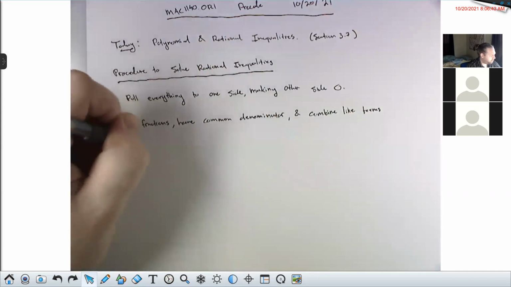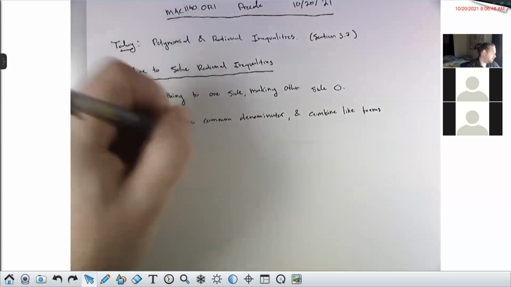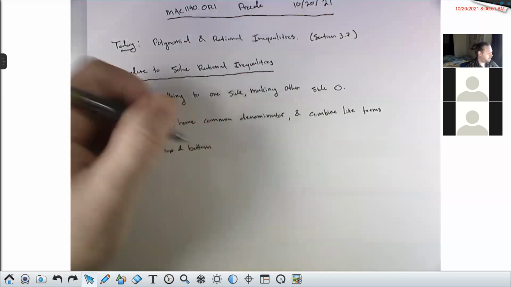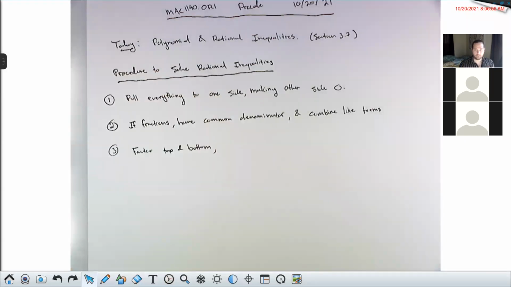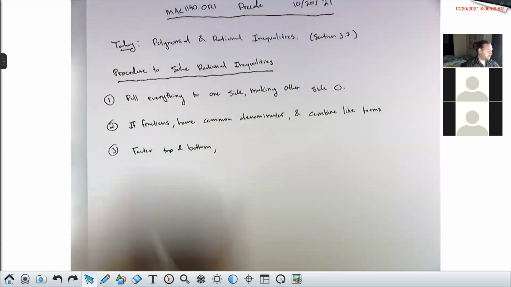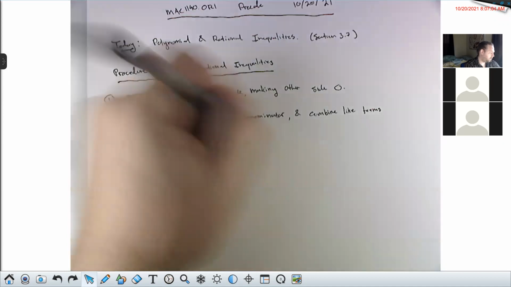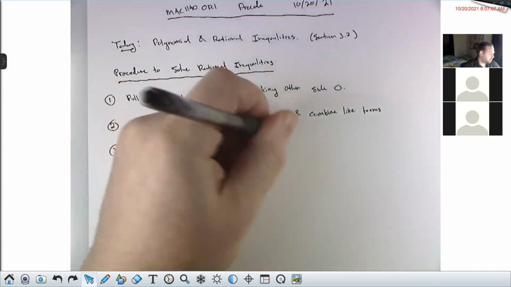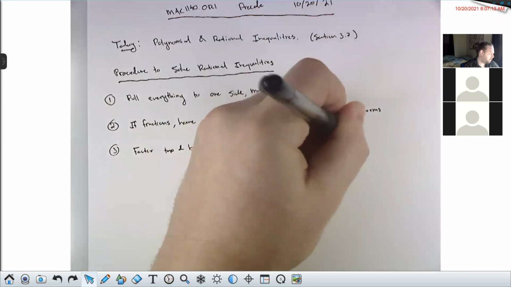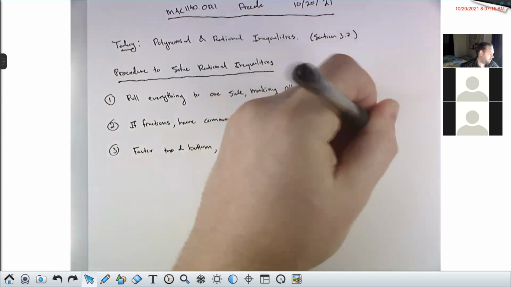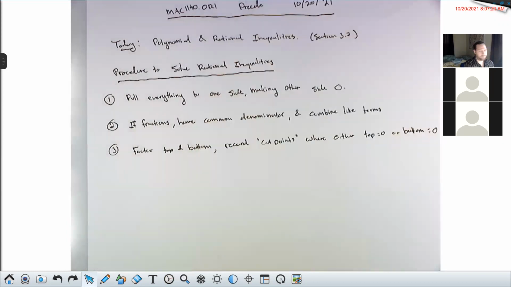Your third step is going to be to factor everything. And then your book has a special term. The numbers that would be the roots from those factors, your book calls cut points. So record the cut points where either the top equals 0 or the bottom equals 0.